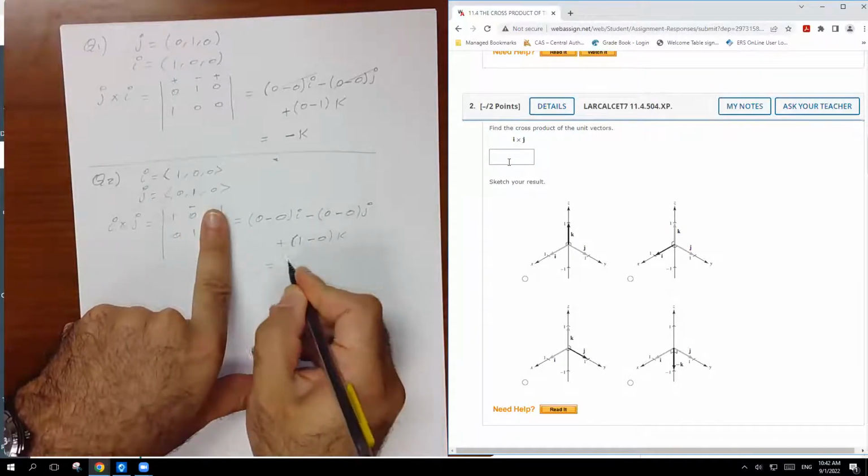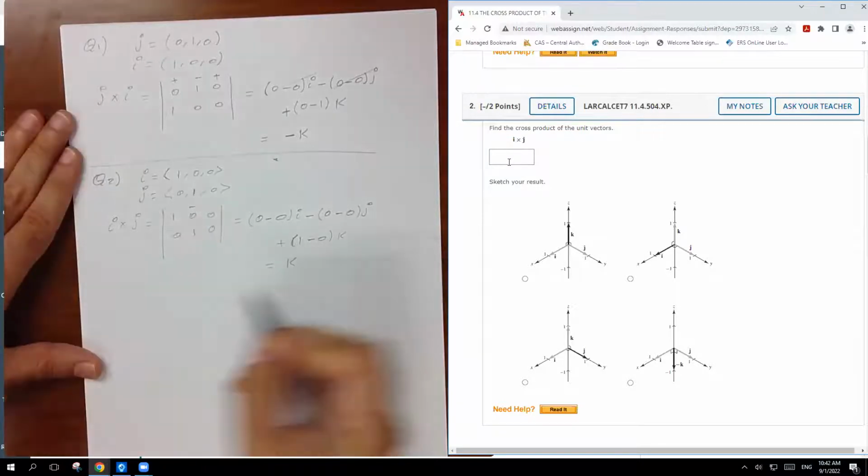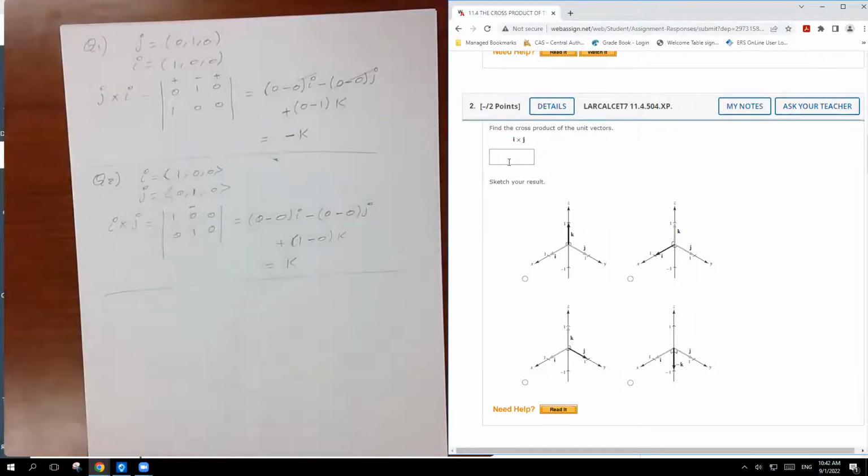So the result is going to be positive K. That means for this one the result is just K, and the graph is going to be positive K on the Z coordinate, this one.